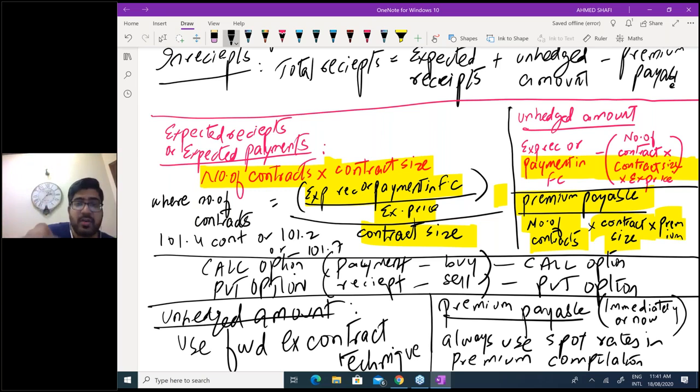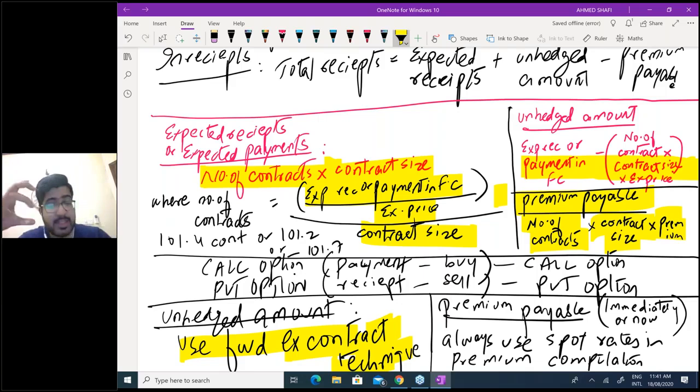So unhedged cannot be hedged by futures or options, both are standardized. Unhedged can only be hedged through a forward exchange contract. In a solution you will see many formulas, but premium uses the spot rate because premium is paid now, and unhedged uses the forward exchange contract because no other technique can hedge that. Okay, any questions?